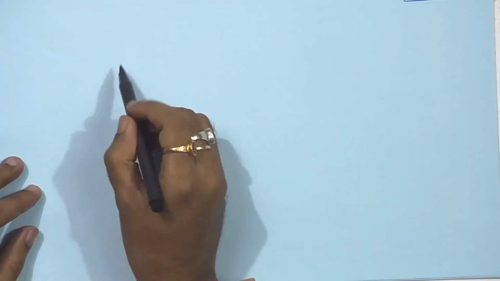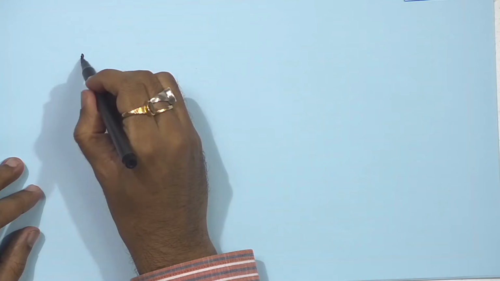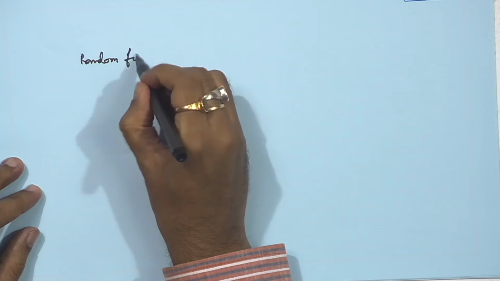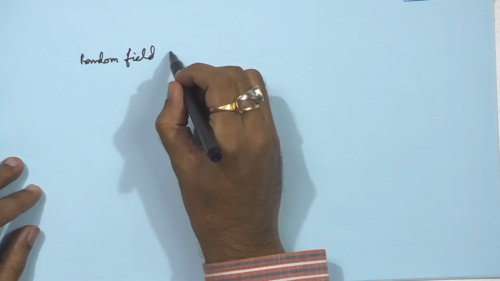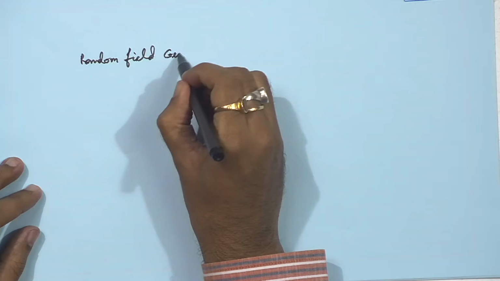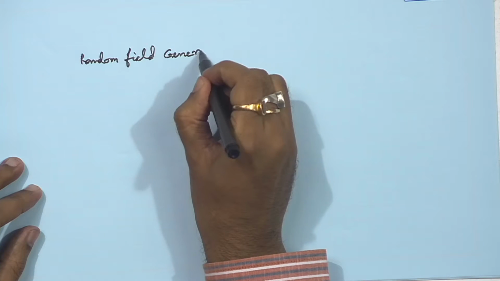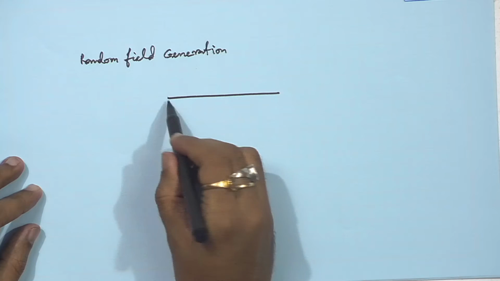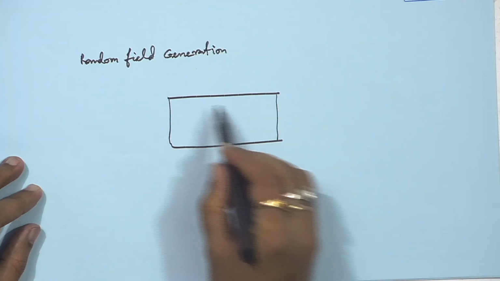That is called random field generation. In random field generation, let us say we have one two-dimensional domain.